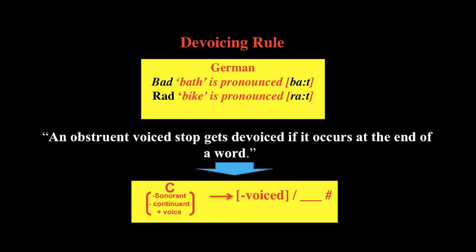The arrow, which means becomes, the phonetic change between brackets minus voice, slash, meaning whenever, then the environment before the word boundary. In other words, whenever it is in word final position.